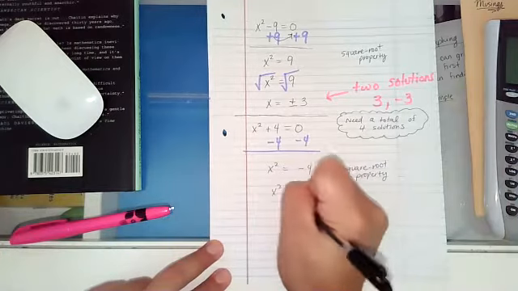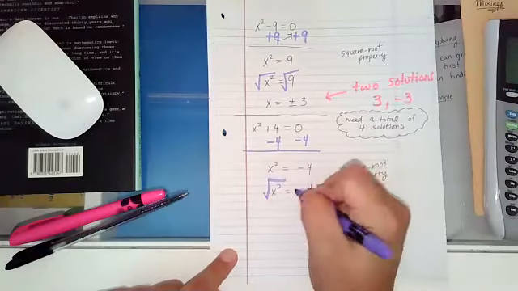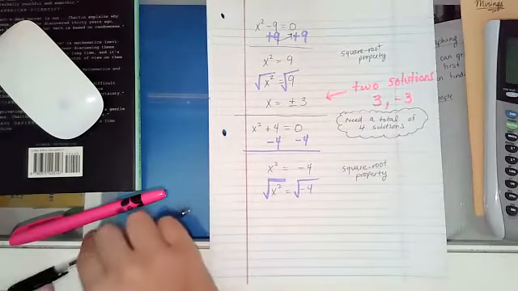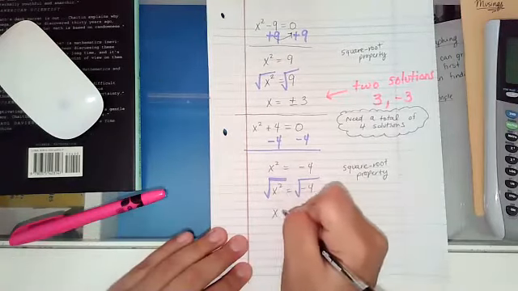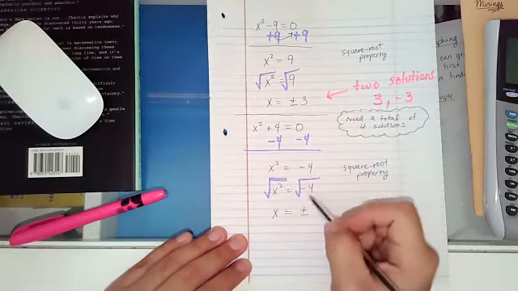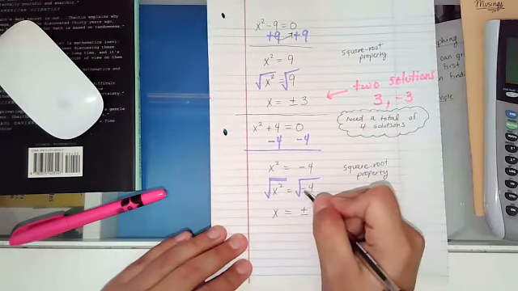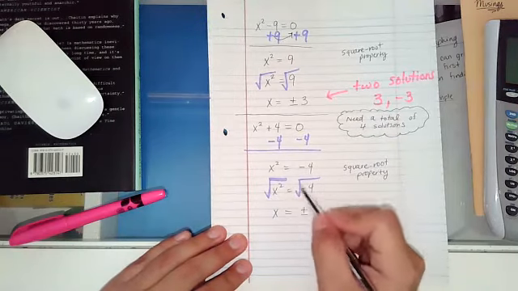Let me write it out again. Take the square root of both sides. So I get x is equal to plus or minus. Recognize that this is going to be an imaginary number because I'm taking the square root of a negative.